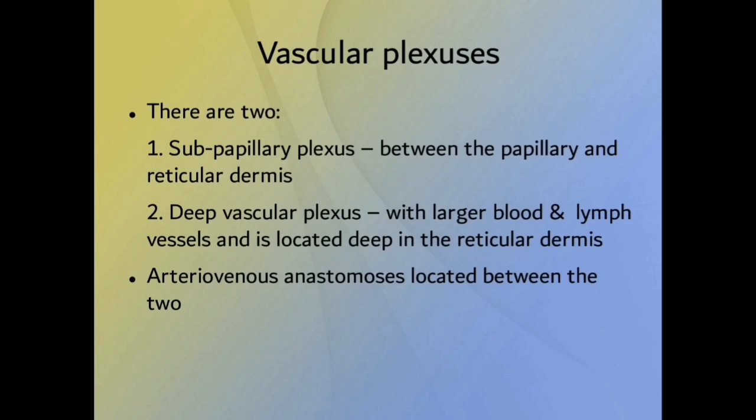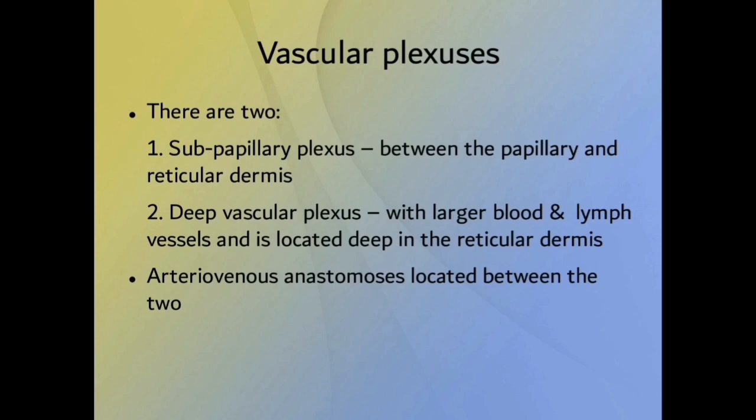For example, with Pacinian corpuscles, we have the roots of hair follicles that are located within the hypodermis as well. Alright, so this layer is there to attach the skin to the adjacent organs and muscles.